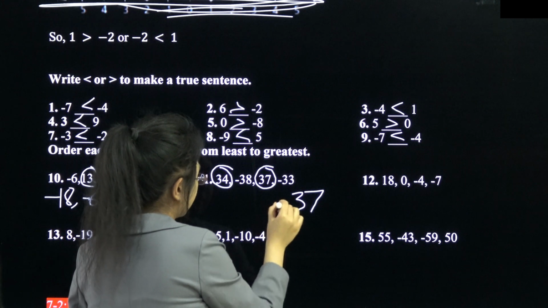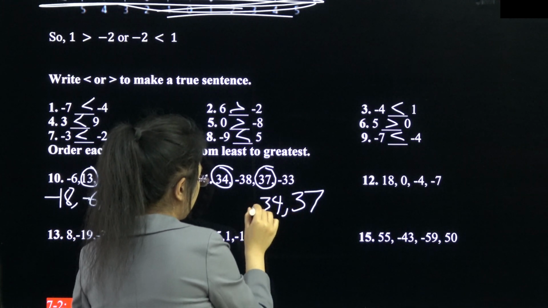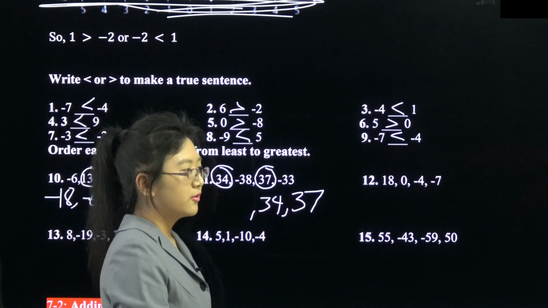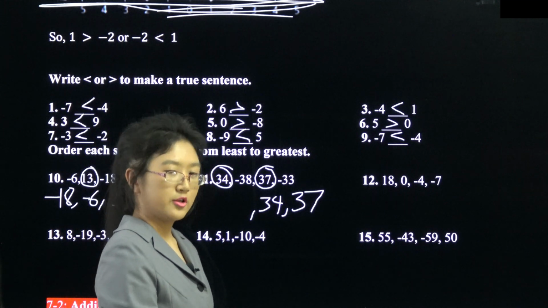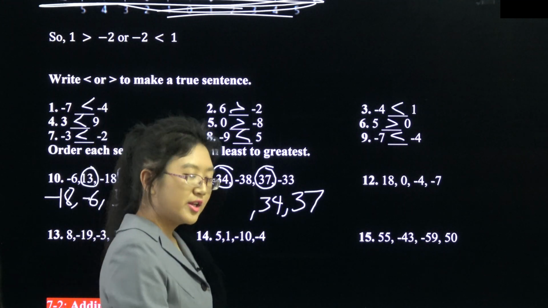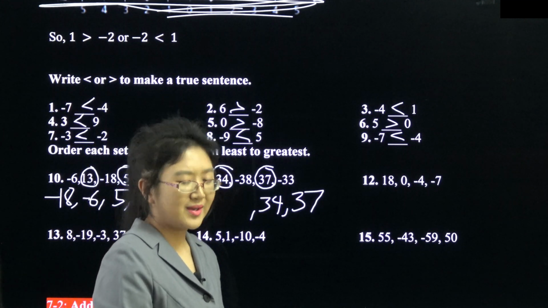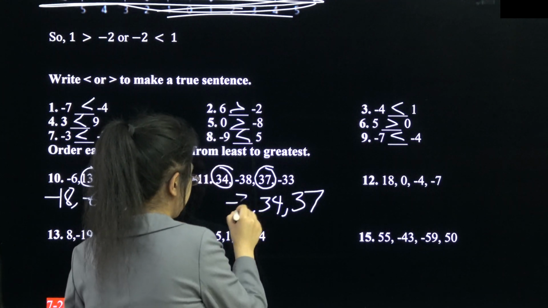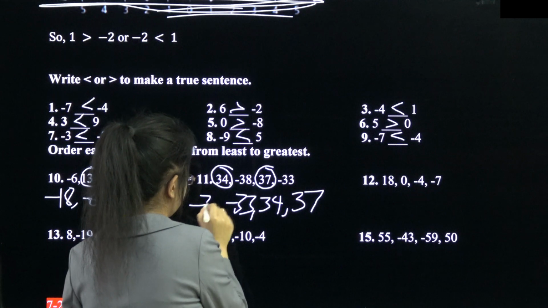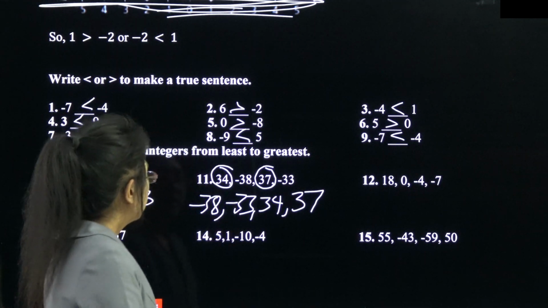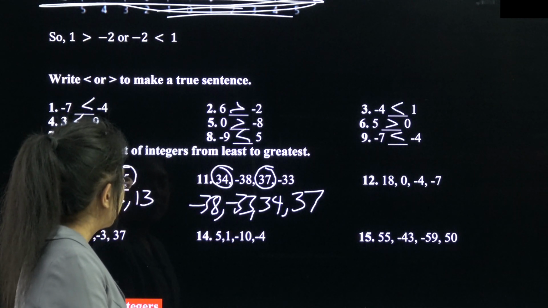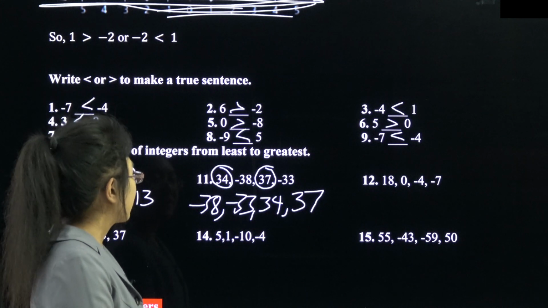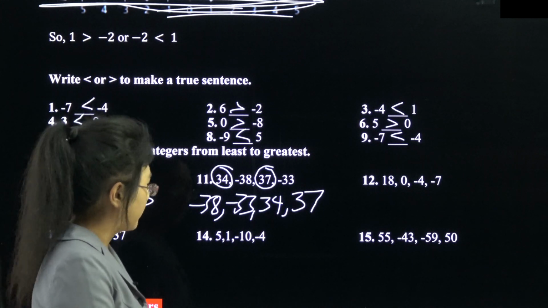Now, what about negative 38 and negative 33? Well, 38 is bigger than 33, which means that negative 38 is smaller than negative 33. Because that's how negative numbers work. The order from least to greatest would be negative 38, negative 33, 34, 37.